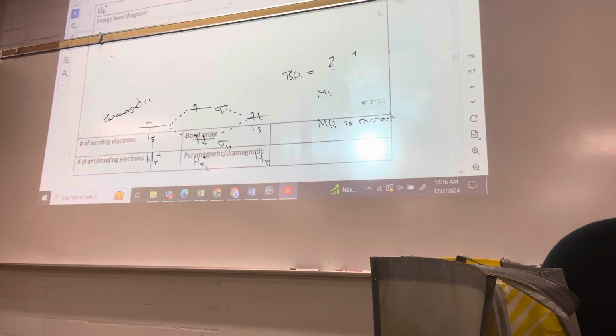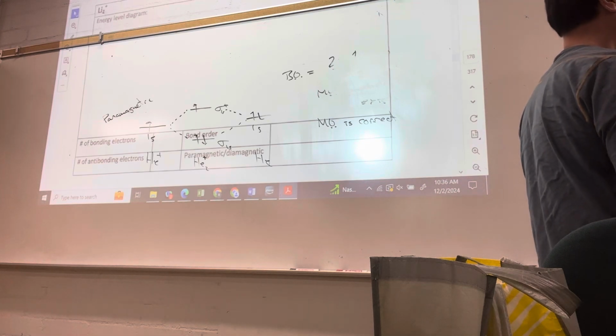So we call this the sigma 2p, and we call this one the sigma star 2p. So that's going to be here. I should have made this a little bit bigger. Sigma 2p, and then up here, about the same amount, sigma star 2p. And those would be the orbitals there.